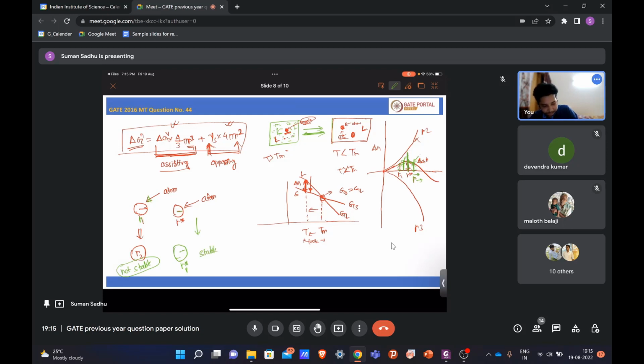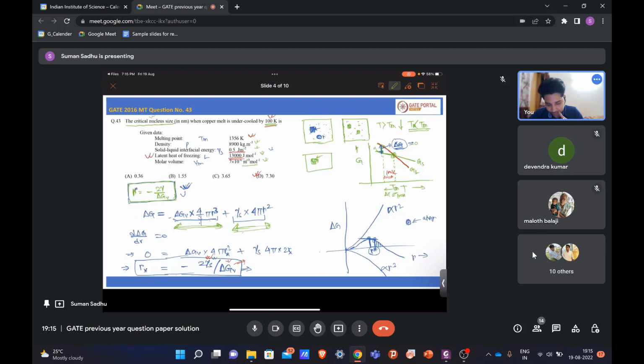So any cluster having a radius below R star is not stable, because adding one more atom will destabilize it. But if that cluster reaches the radius of R star and you add one more atom, it will stabilize. So that's why this critical point is called the critical nuclear size. So you got my point, Devendra? Okay, right. So that's why this is the maximum point, right?